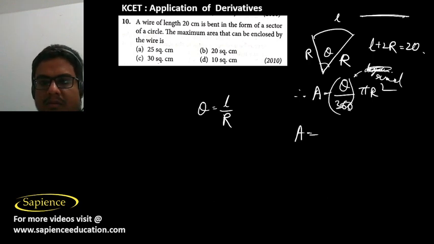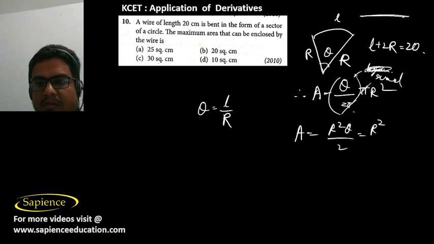Area will be r square by 2 into theta, and theta is L by r, so area will be L r by 2.